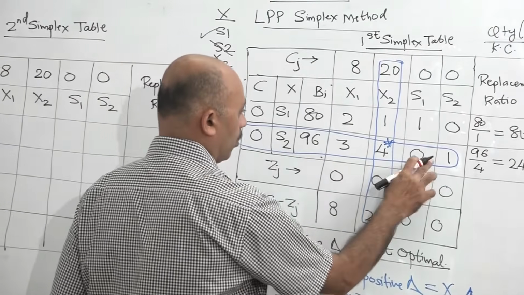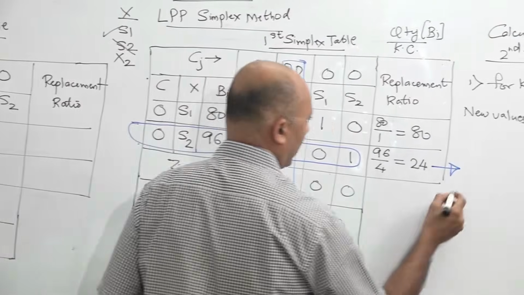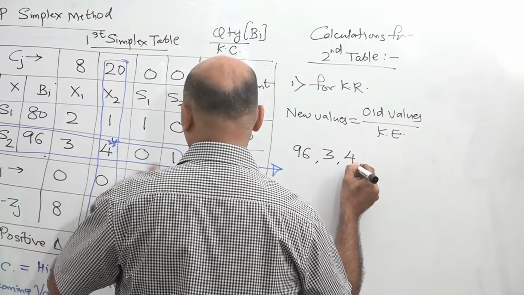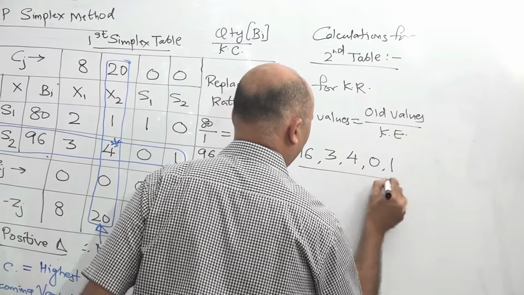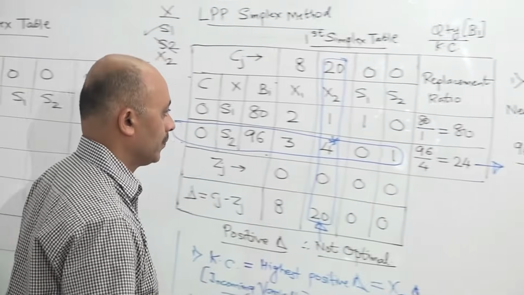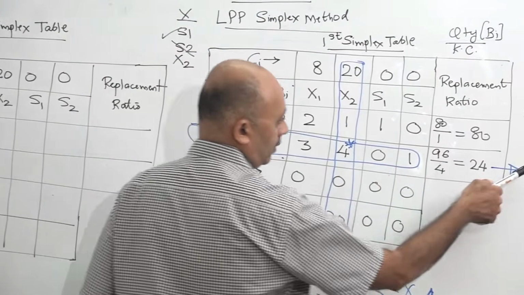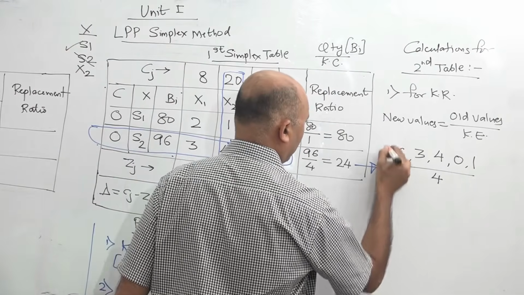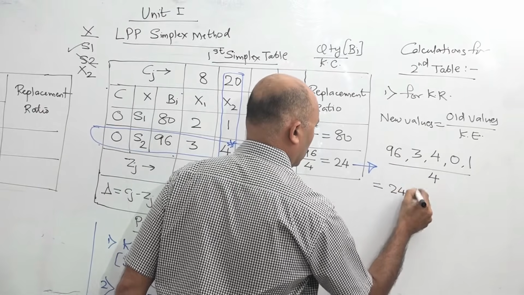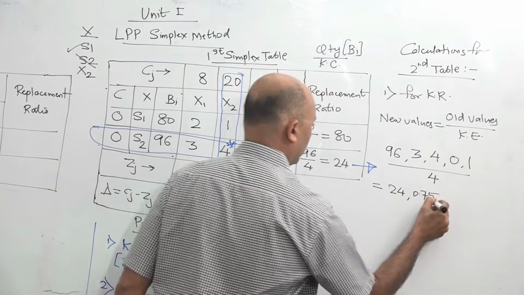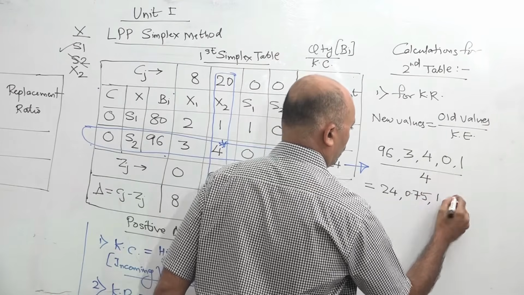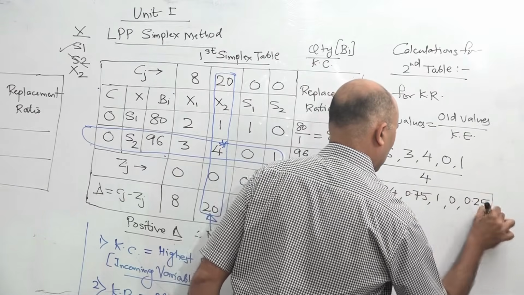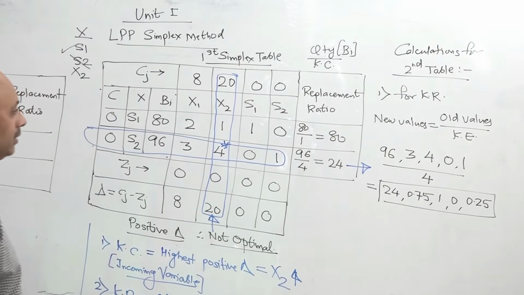The KR was the second row, so we will take all the second row values, that is 96, 3, 4, 0 and 1, and divide each by the key element, which was 4. So 96 upon 4 is 24, 3 by 4 is 0.75, 4 by 4 is 1, 0 by 4 is 0, and 1 by 4 is 0.25. These are the new values of the key row.